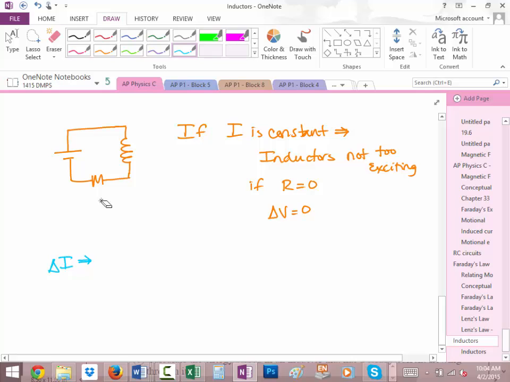If you just have an inductor in a circuit with a power supply, there will be some internal resistance, and it's going to heat up, and that heat comes from the resistance. But the resistance is going to be so small that any other resistor on there is going to make the resistance of the inductor virtually 0.